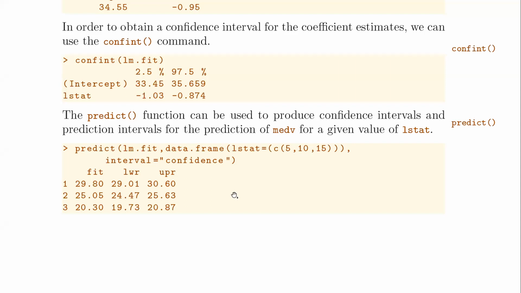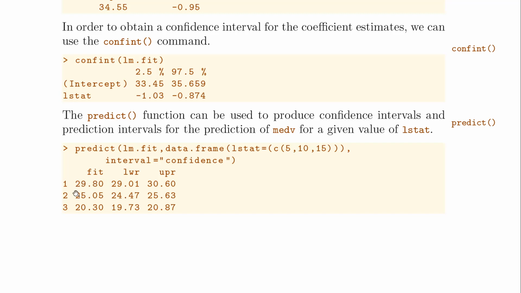The predict function, and this is really interesting, can be used to produce confidence intervals and prediction intervals for the prediction of the median house value for a given value of lstat. Let's see. So what we're asking is, if lstat is 5, or if it were 10, or if it is 15, what does the model predict in terms of the median value?